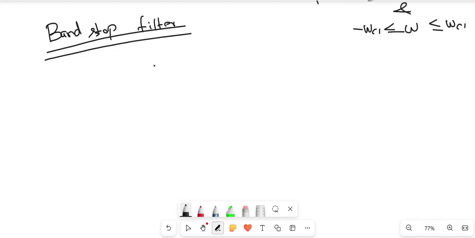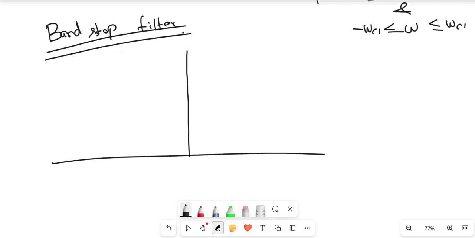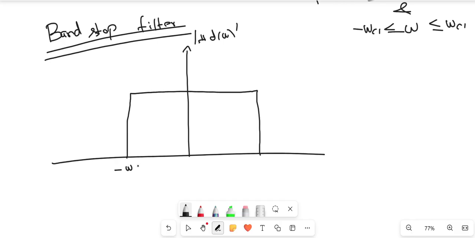First I will draw the frequency response curve Hd of omega. So this is a band stop filter, from minus omega c1 to plus omega c2, as we have discussed.